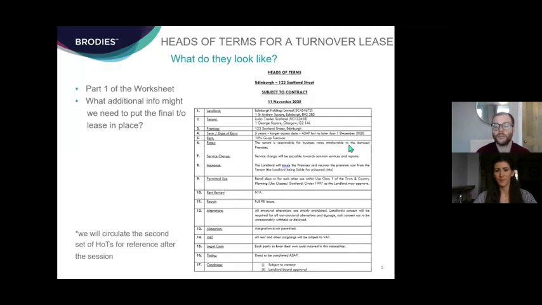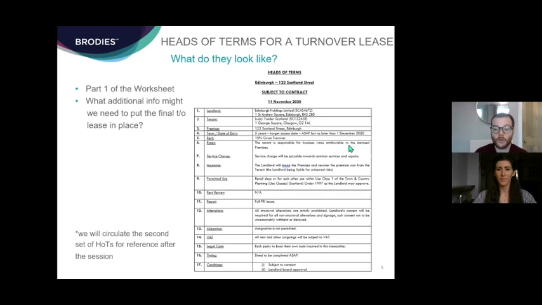Thanks, Naomi. So this slide here is the set of heads of terms which we sent round in the worksheet prior to the seminar this morning. So what we wanted to do was work from this set of heads of terms as a sort of basic start to take us through the seminar.